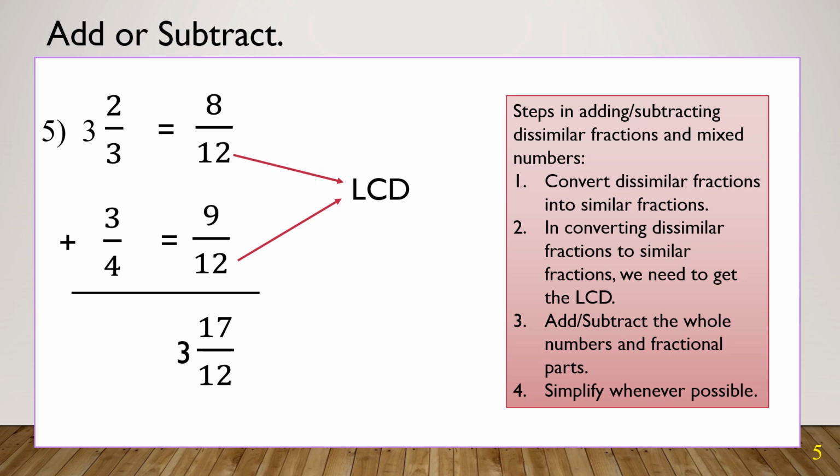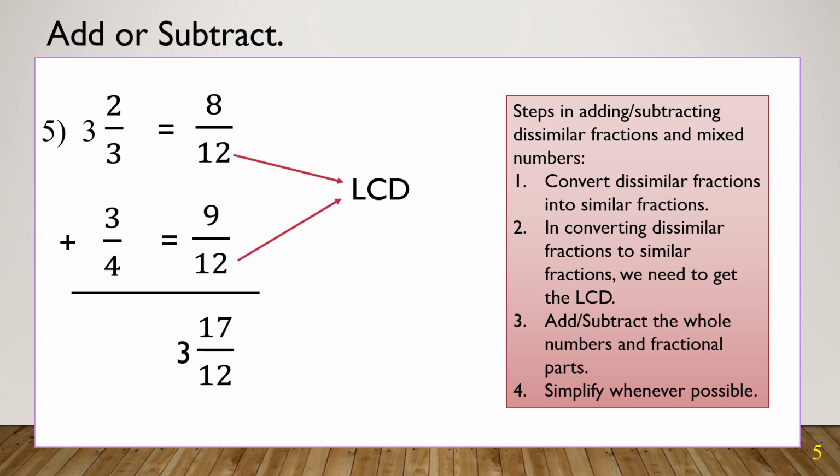Since na ang final answer, ang fractional part niya ay naka-improper fraction, ano ang gagawin natin dyan? Okay, so i-divide po natin yung numerator by the denominator. So, 17 divided by 12 is equal to 1, meron po siyang remainder na 5. Tama?